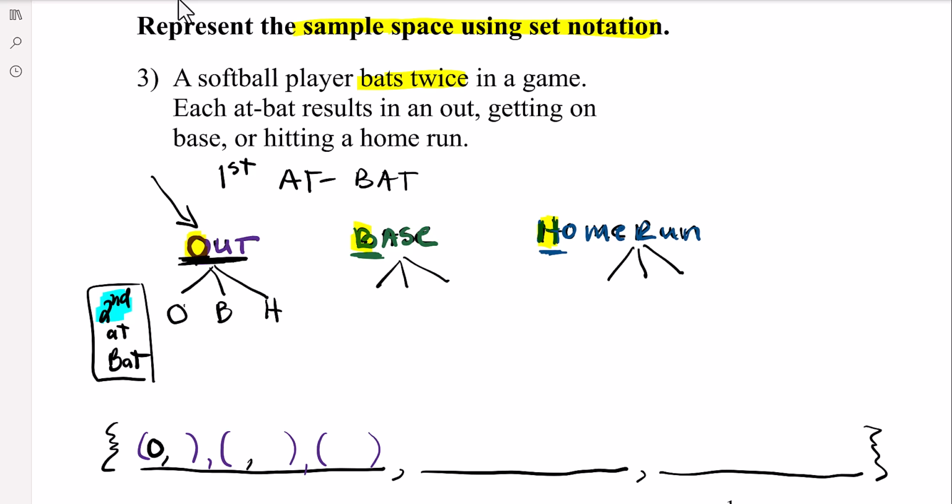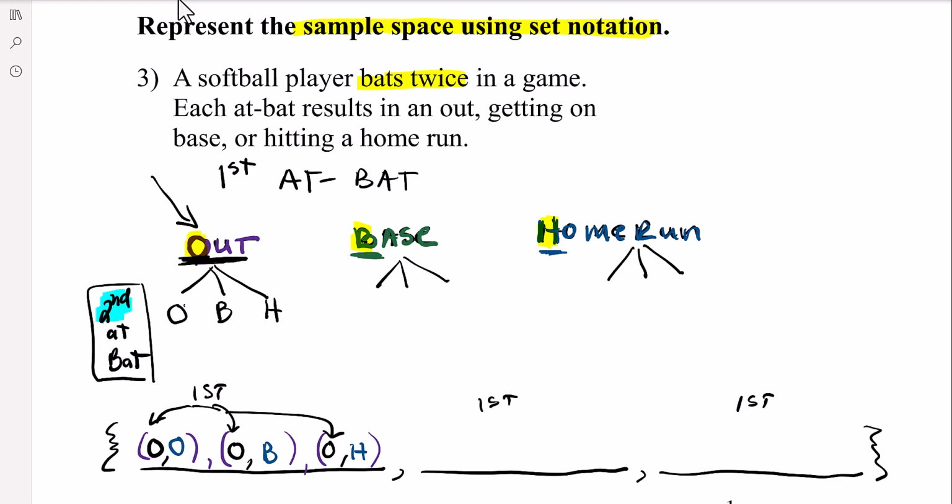If you get an out the first time, then the second time you're at bat, you might get out, you might get a base hit, you might get a home run.